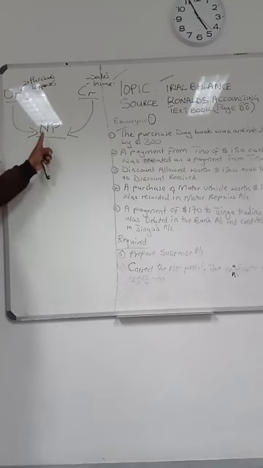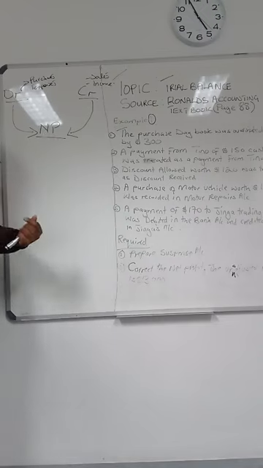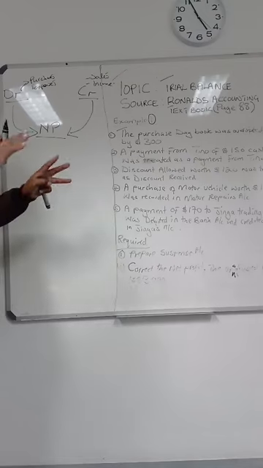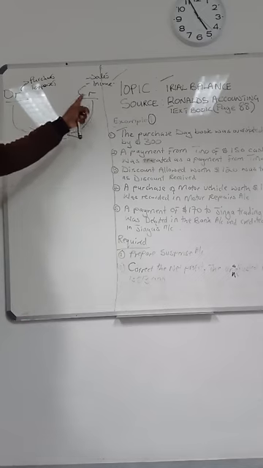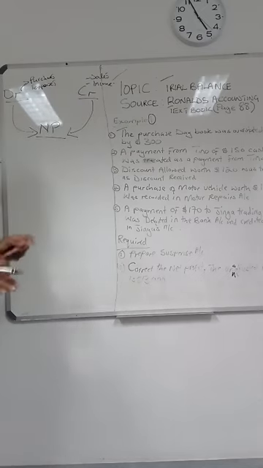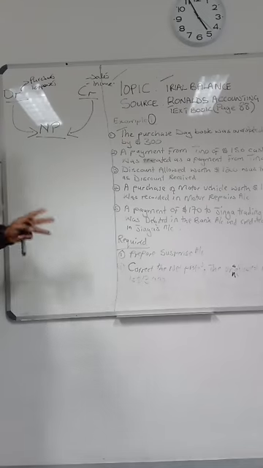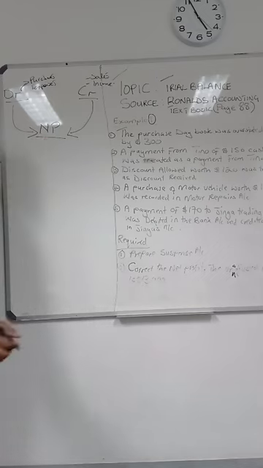Because remember, we get net profit from the income statement. So we want the relationship between debit items that we put in the income statement and credit items that we put in the income statement. Those items that we don't put in the income statement don't have a direct relationship with the net profit.